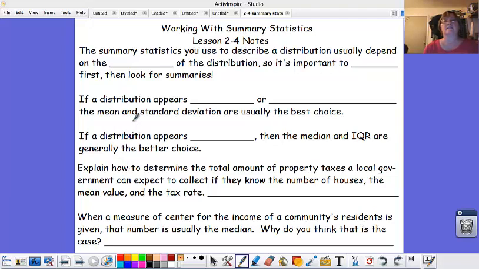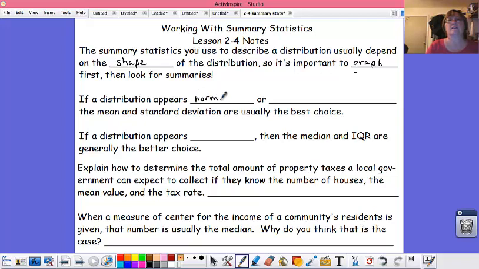The summary statistics that you use to describe a distribution usually depend on the shape of the distribution. So it's important to graph first or plot first and then look for summary statistics, because you remember what we said. If a distribution appears normal or symmetrical and mound-shaped, right?